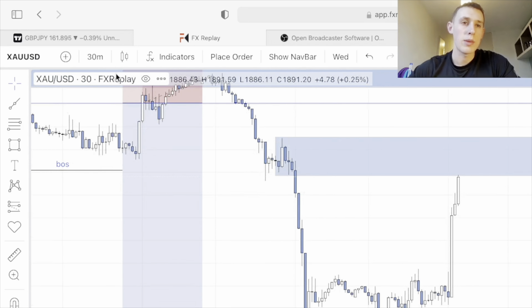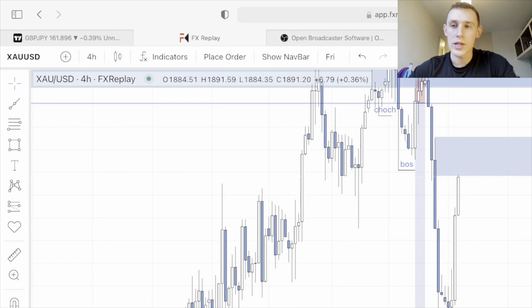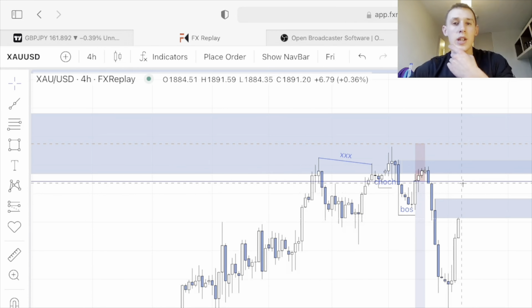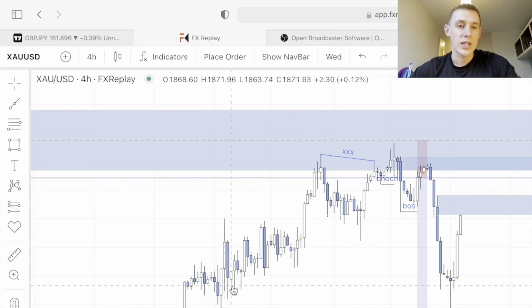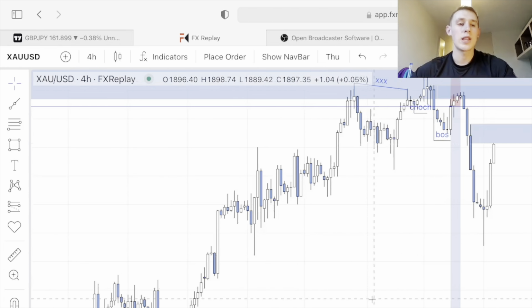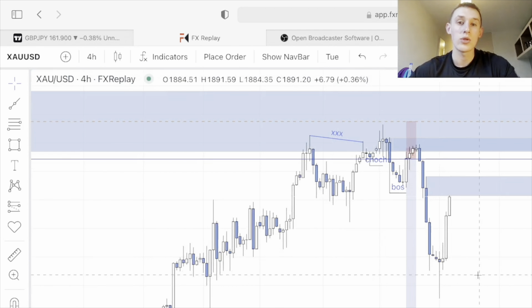Alright, so yeah, this will be our scaling level where we can look for further sells. Still confident this isn't going to reverse on us because price has only come to this sort of area of liquidity. It hasn't come to a sufficient level of demand. So I am expecting this to still come down and hit our initial take profit.